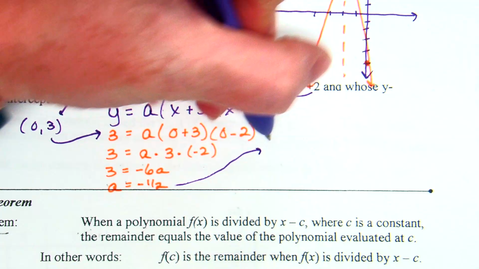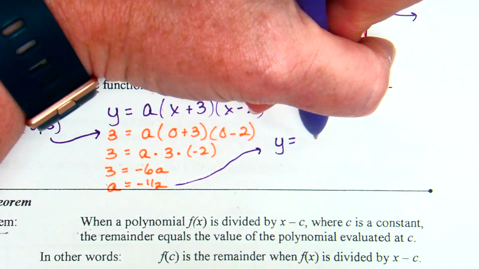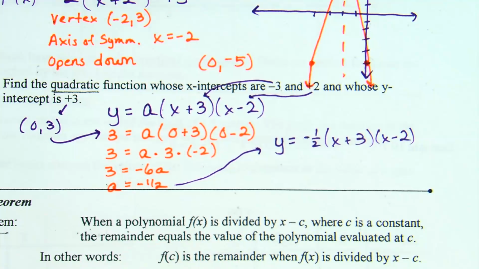Two different ways we could easily write it. The easiest way would be y equals your a value out front of negative 1/2 times x plus 3 times x minus 2. Could you go a step farther if expected?